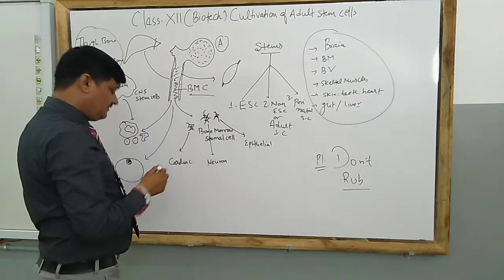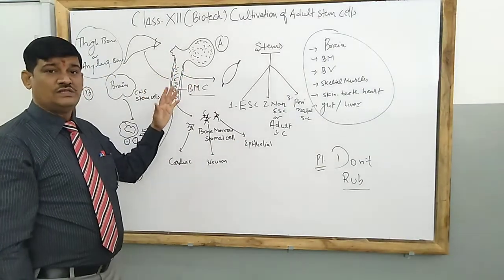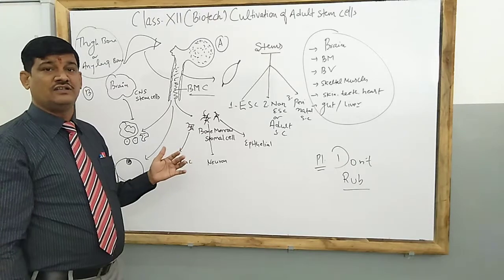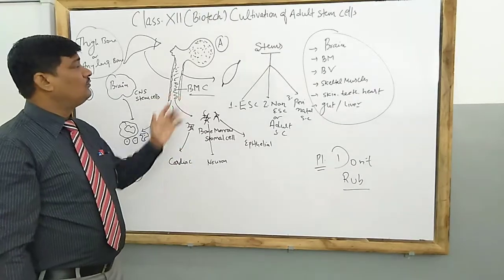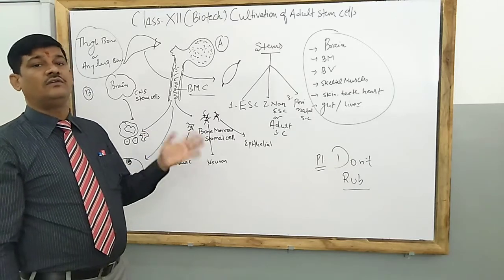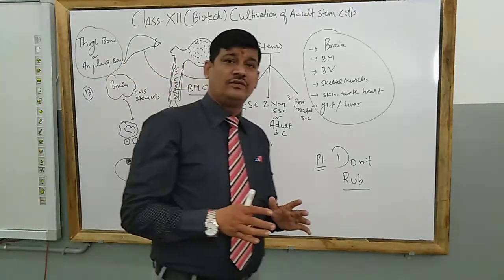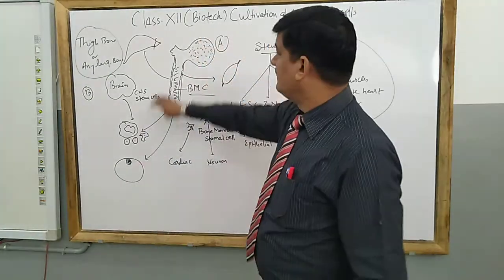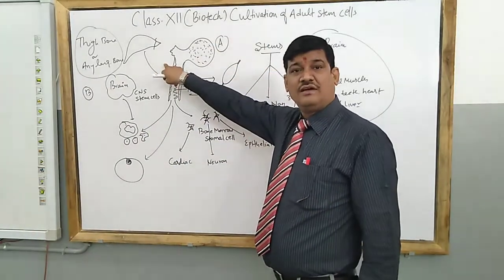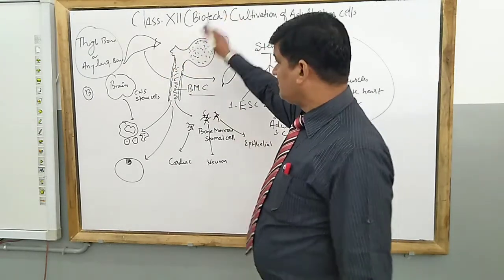Bone marrow cells are highly specialized cells which have multifarious functions and are the source of production of various important structures of our body. And for your information, bone marrow is the production place of the RBC, that is our blood cells.